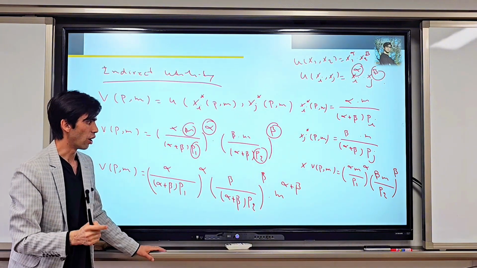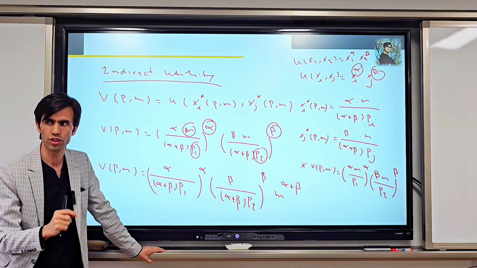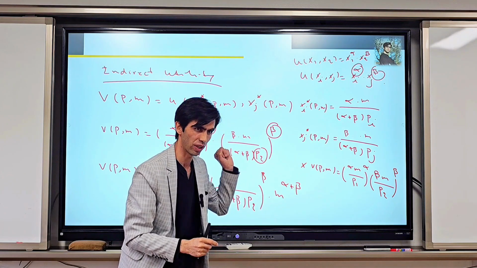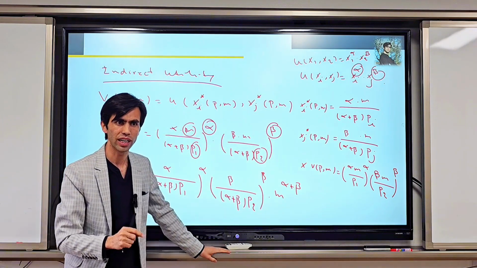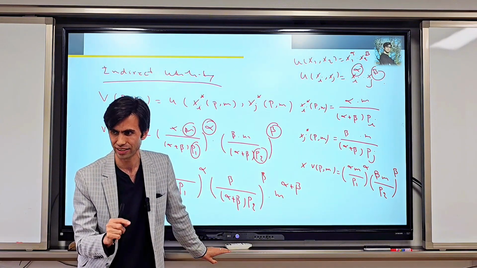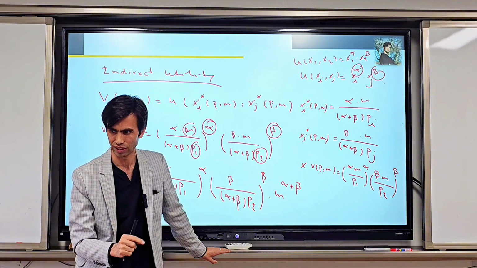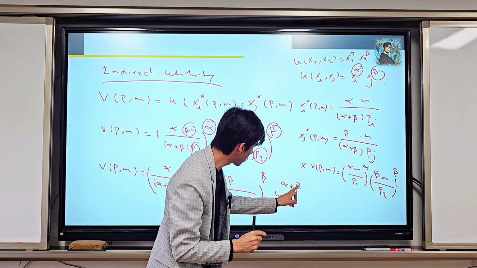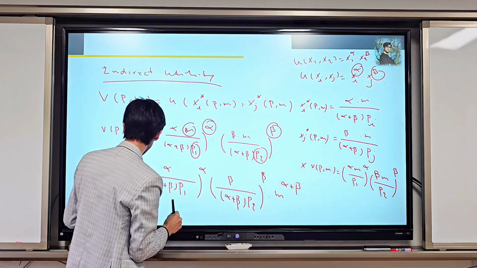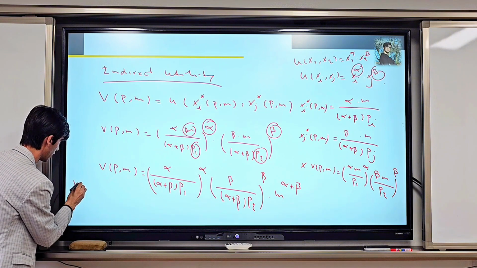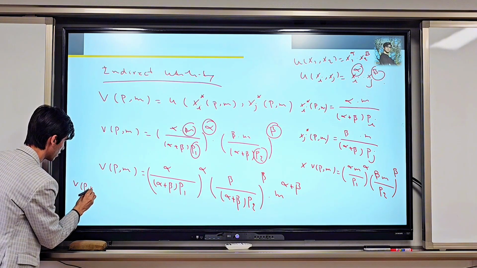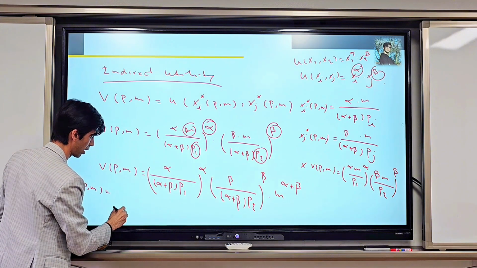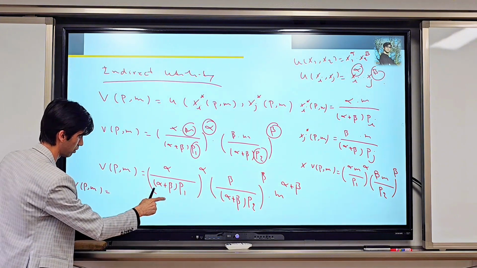One of the reasons why we mostly assume that alpha plus beta is equal to 1 is in order to find our expenditure function easily. Why? Because if alpha plus beta is equal to 1, then this function will change to V of P and M equal to, for example, alpha to the power of alpha, P1.